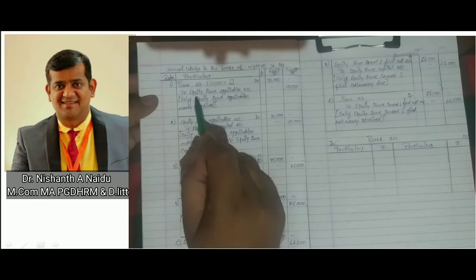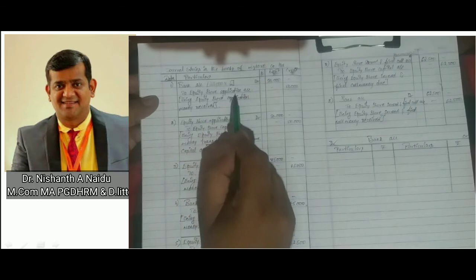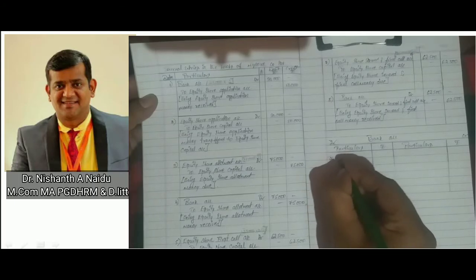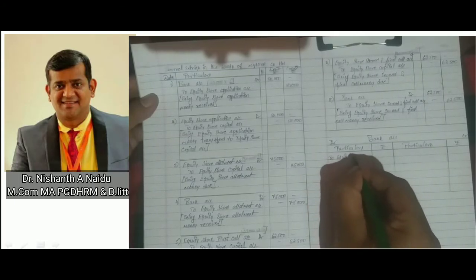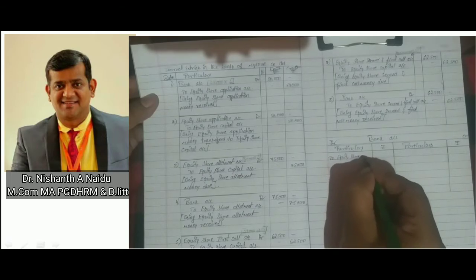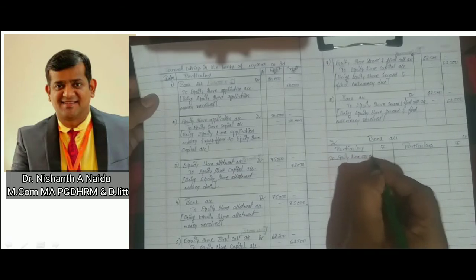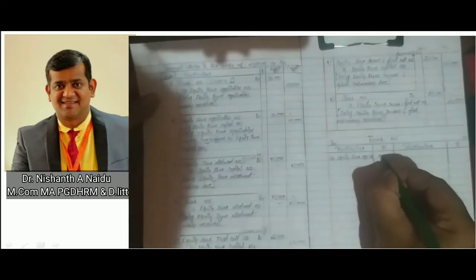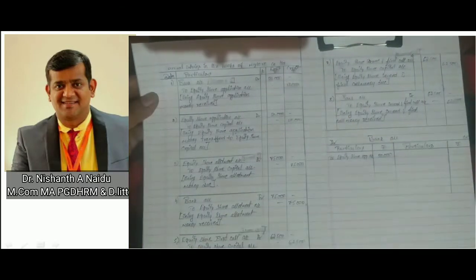Bank account is received against what? Equity share application account. So copy this to equity share application account. How much? 50,000 rupees. So I'm copying this 50,000 directly.